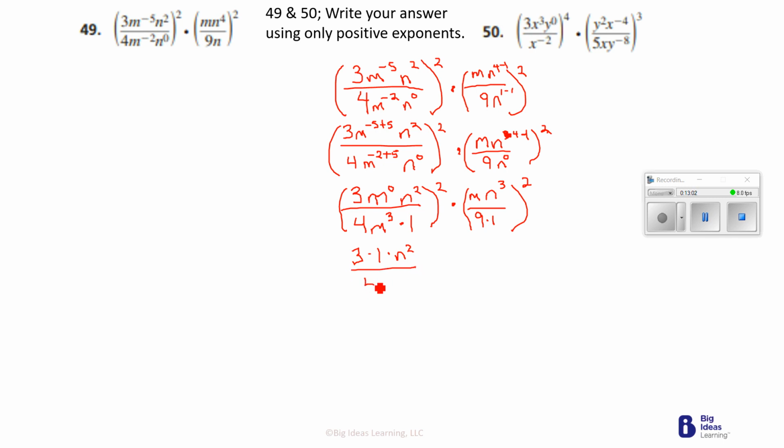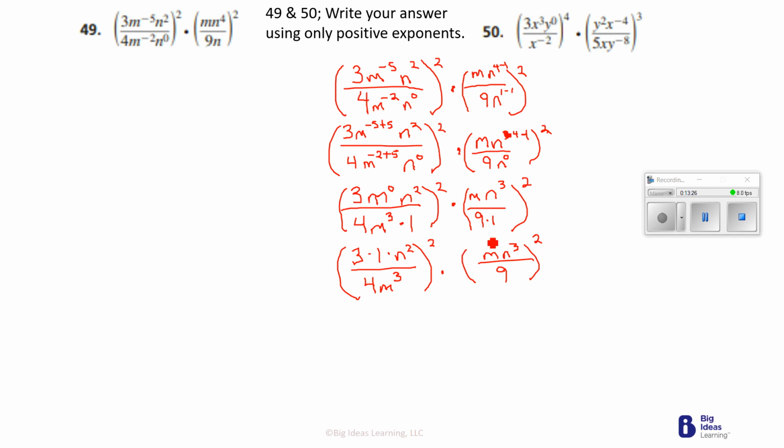This is still going to be 4 to the m to the third power, and we're going to get rid of the times 1, because anything times 1 is itself. Now we got over here m to the n to the third power over 9, because 9 times 1 is 9, to the second power.